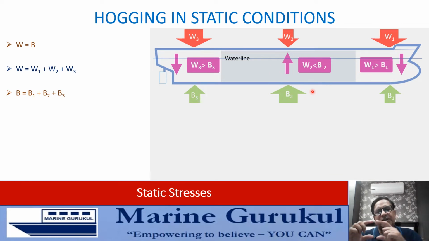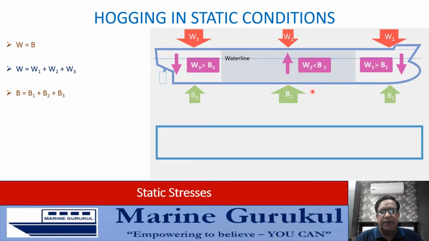So if we represent the ship as a beam like this, where the upper part represents the deck and the lower part represents the keel, then in the forward region there is a resultant downward force acting. In the midship region, there is a resultant upward force acting, and in the after part, there is a resultant downward force acting.